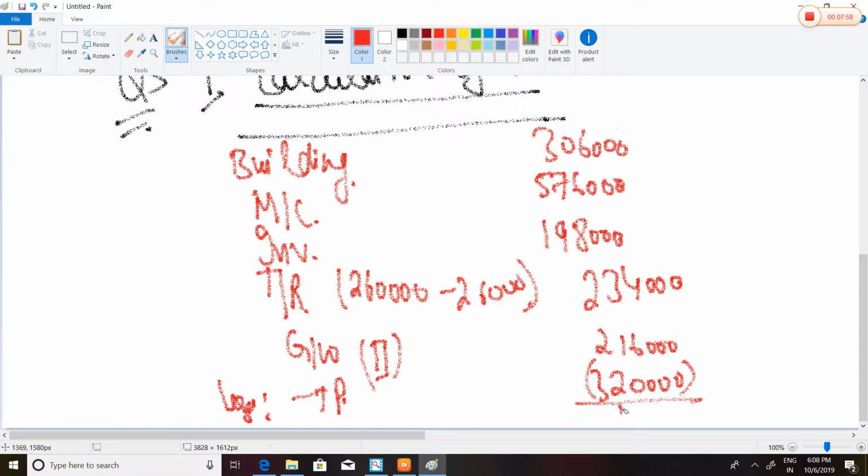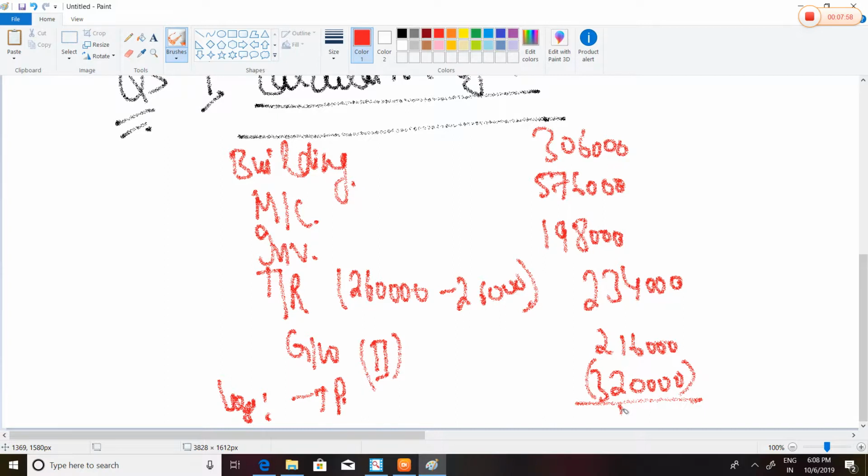Out of this, cash payment is there. How much? Rupees 6 lakhs. So 6,10,000 is the equity shares.